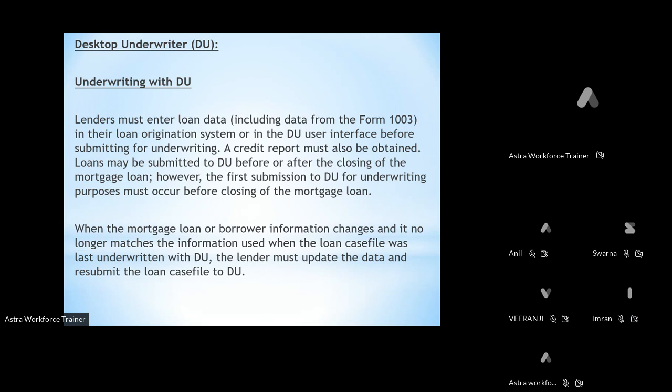Say for example, if the AUS mentions that we need to verify the wage income with a written VOE, then if you have a written VOE, it's fine. If you have pay stubs and a verbal VOE and the written VOE is missing, we need to add a condition for that. That means the AUS is approved based on the written VOE only, and the loan must get approved that way, right?